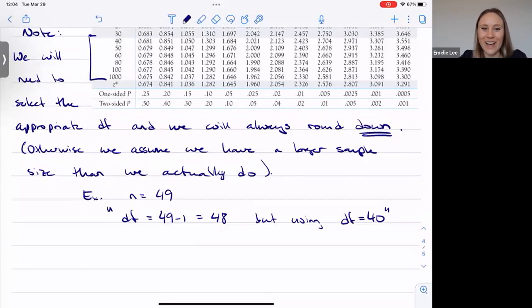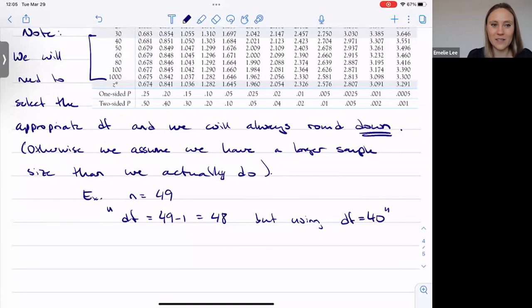So you always round down, even when for some reason it hurts. Let's say you have 990 degrees of freedom. Oh, I have to round down to 100, because I don't have 1,000. You have to exceed it.